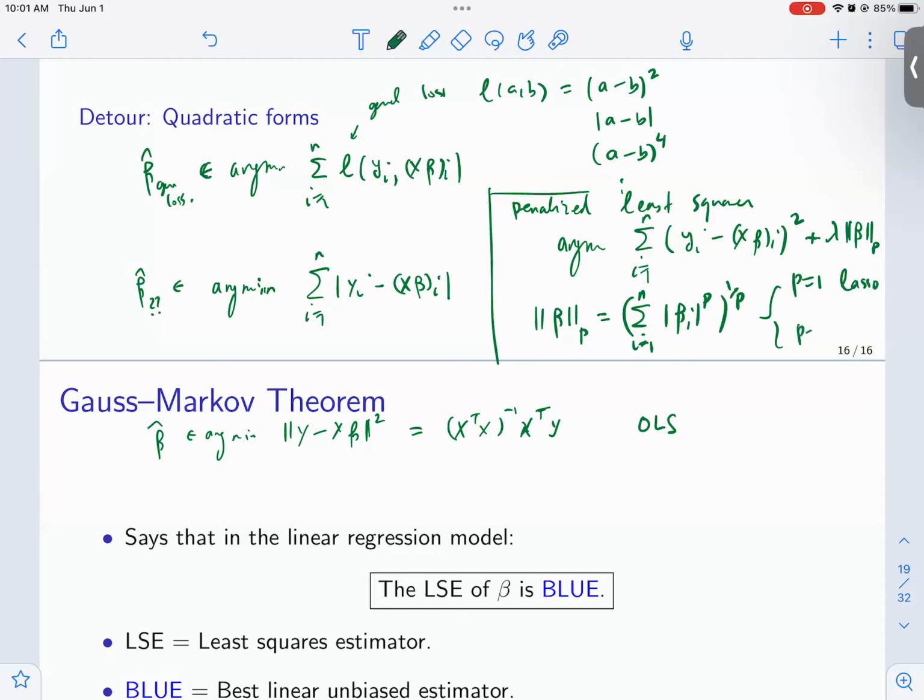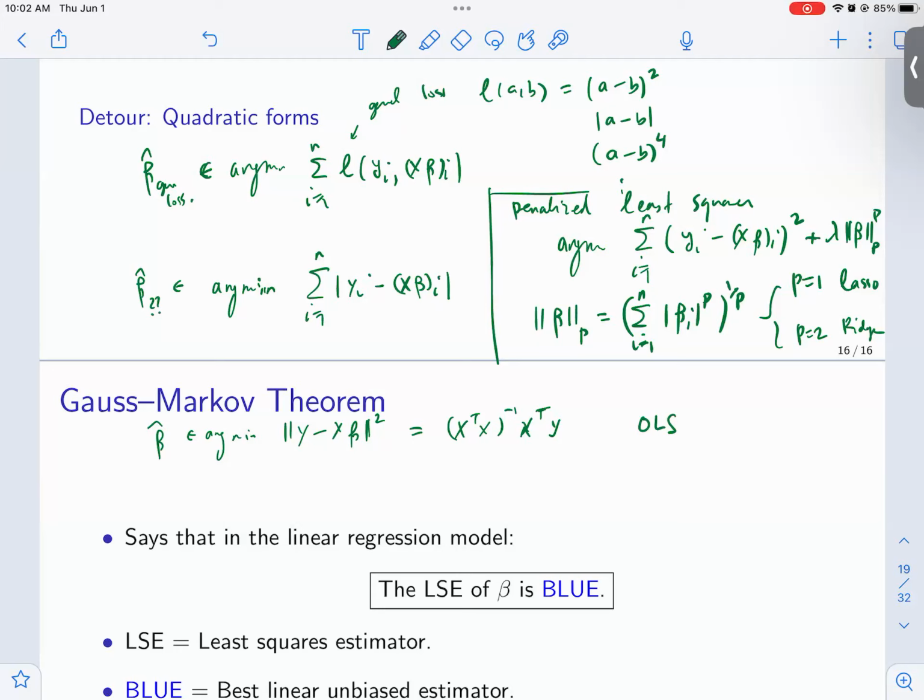If you choose p equal to 2, okay, I'm going to do the norm to the p. Basically, p equal to 2 gives you ridge regression. So you get the norm 2 squared. The lasso would be p equal 1, basically the L1 norm, which is just the sum of the absolute values of beta.